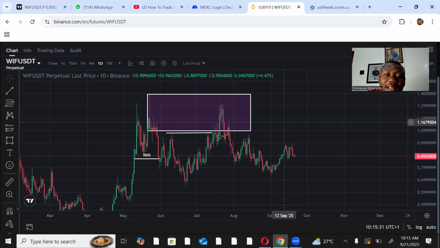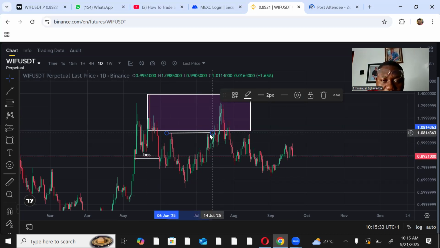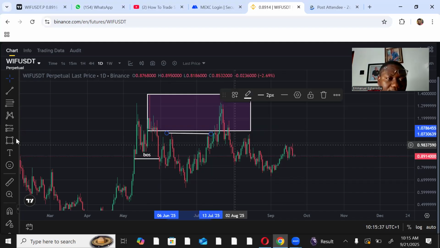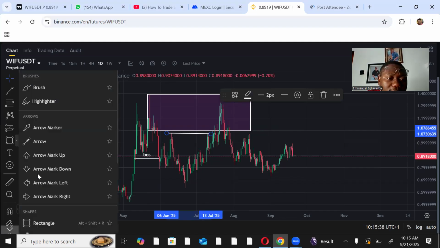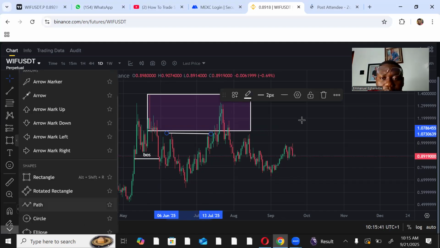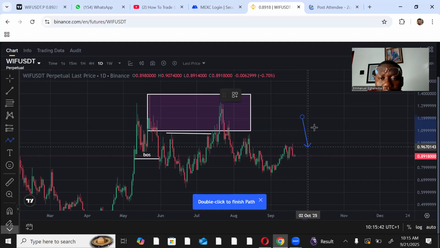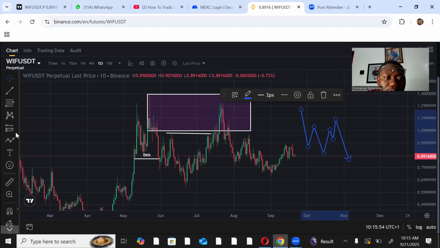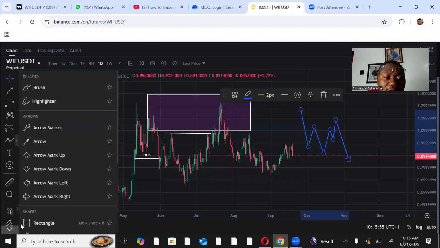So from the higher time frame now, we are bearish. So all we need to do is look for this same schematic. Let me draw it out. We look for the same schematic like this on the lower time frame. We look for this exact schematic.